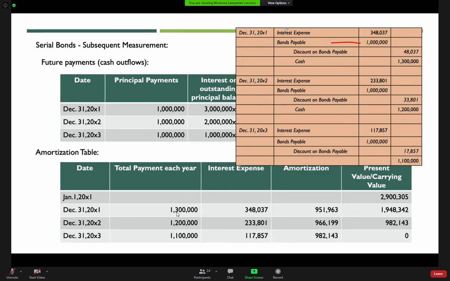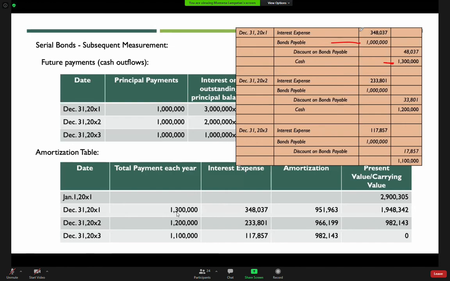So, mababawasan yung bonds payable natin ng 1 million kasi binayaran natin yung principal na 1 million. And then, we have to recognize, paano mo nalaman na 1.3 ang cash na i-record mo dito? This is the 1 million plus the interest payment. That is 3 million times 10%, yung actual interest paid. Okay, so 1.3. And then you have your interest expense.